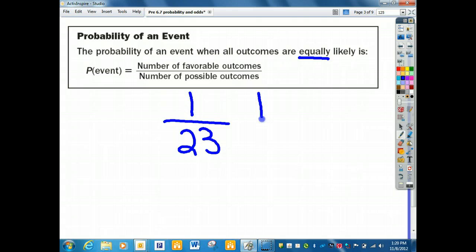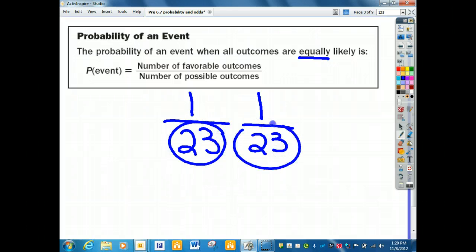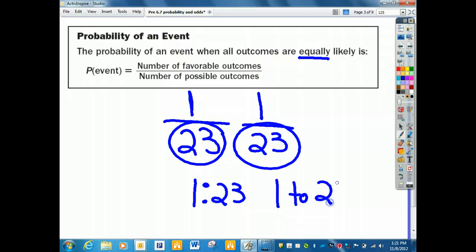The probability is still 1 out of 23. You always put the total on the bottom. The total possible outcomes is 23 names. I said one of your names, so it would be 1 to 23. You can also write that as 1 to 23 or 1 out of 23.